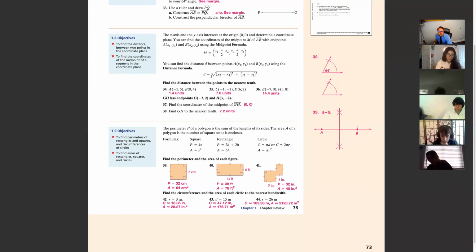So let's find number 34. Point A is -1, 5. Point B is 0, 4.